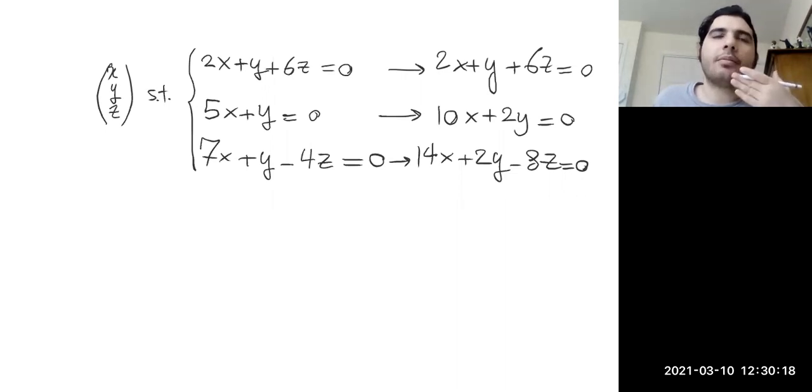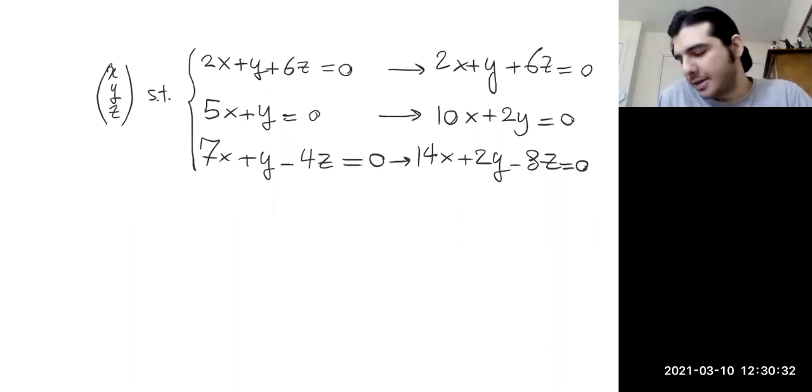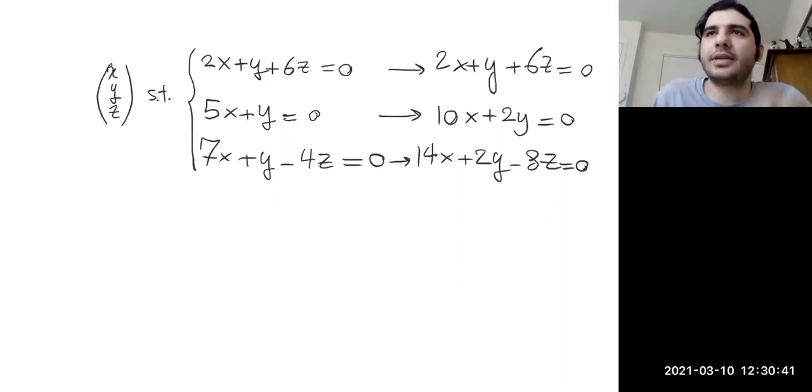Now I can combine these equations to get some easier problems. Can anyone tell me how I can combine these things to get rid of, for example, the variable x in the second and third equations?